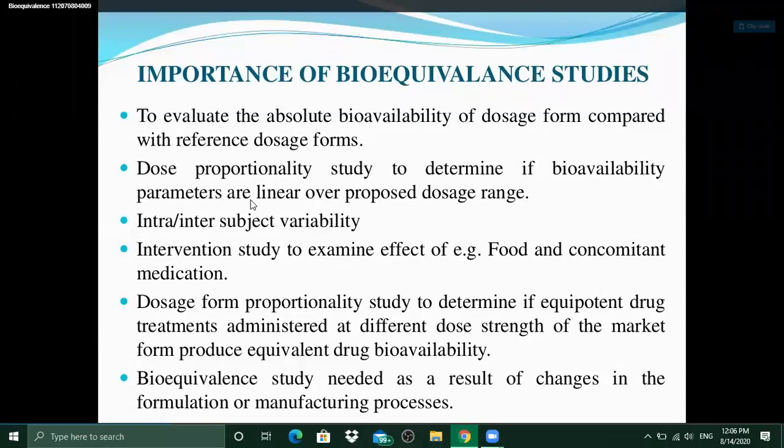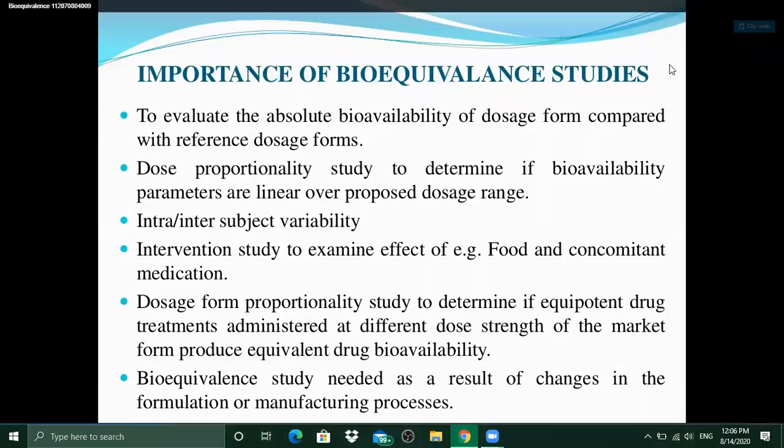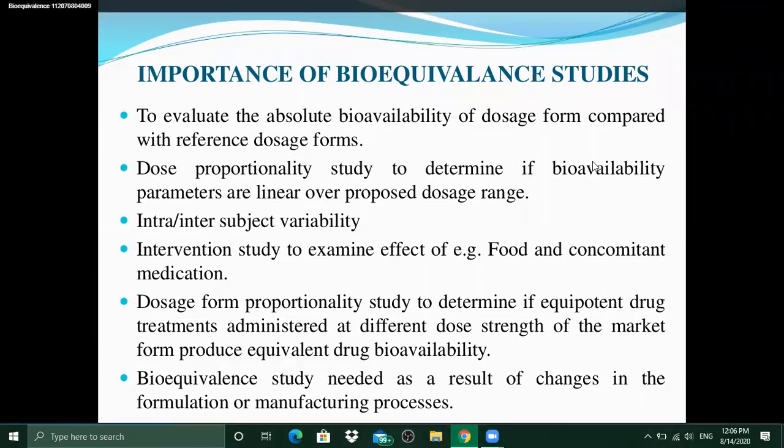But what do you mean by absolute bioavailability? Can you guys type it in the chat box? Don't go and search on the internet for absolute bioavailability. Just try to recollect from whatever we have learned in the last 2 days.